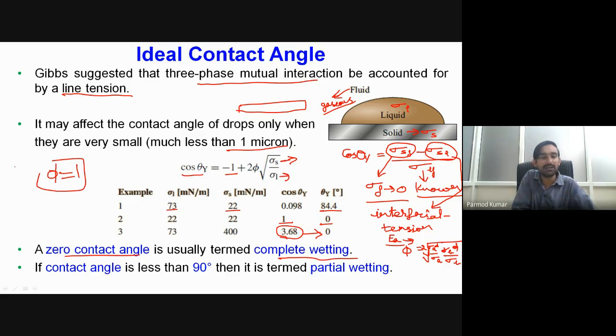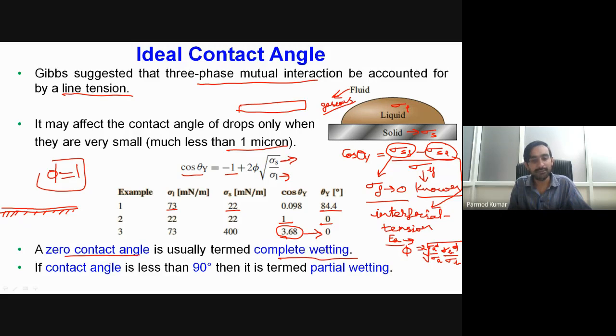Particularly, what will be happening in this case is that the droplet spreads like a thin film over the surface. Over this entire solid surface, we will have a very thin film of liquid. Whatever liquid we have, that entire liquid will spread over the surface and completely wet the solid surface. So that's why this particular situation, when we have zero contact angle, is referred to as complete wetting.